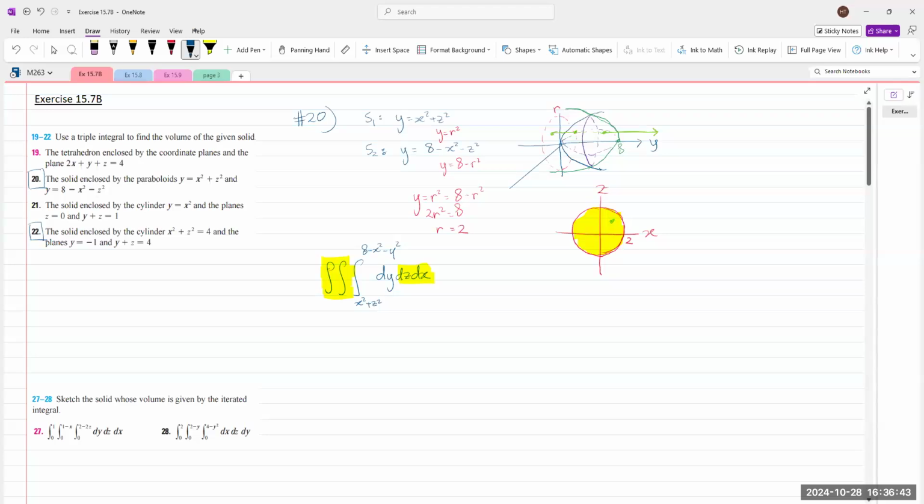Now for the outer two integrals, that will be from -2 to 2, right? And then for any x that I choose, I go from negative square root of 4 minus x squared to square root of 4 minus x squared.